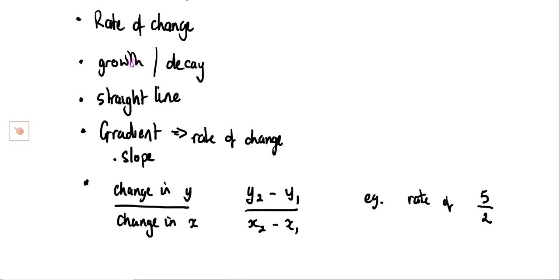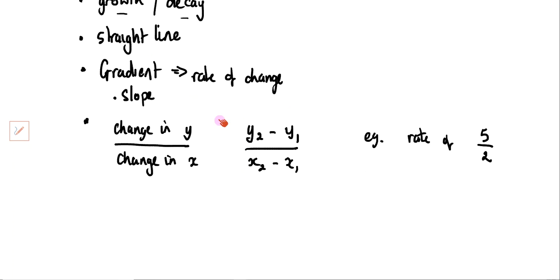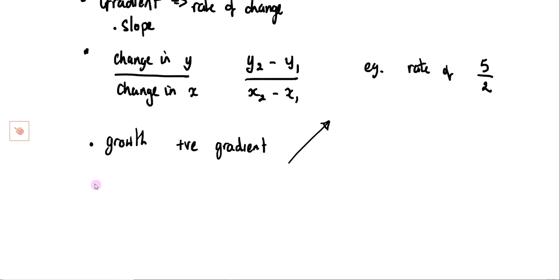What's the difference in the gradient or the slope if I have a growth? Good. Yeah, so a growth model will have a positive gradient because the line goes up, whereas a decay has a negative gradient and the line goes down.